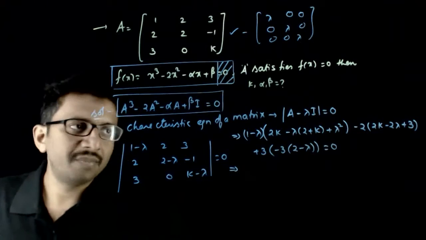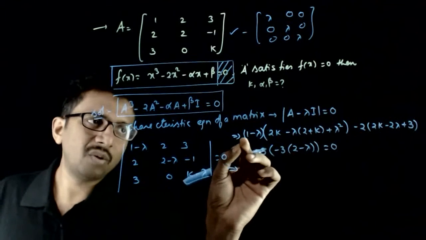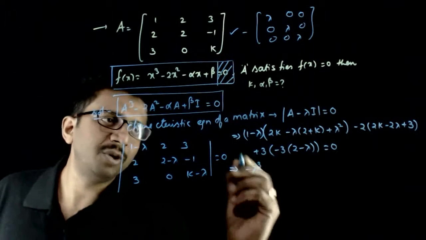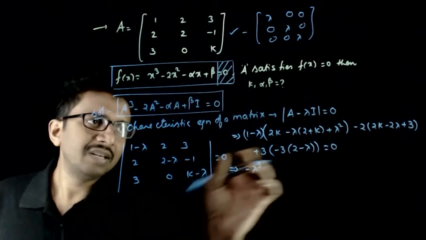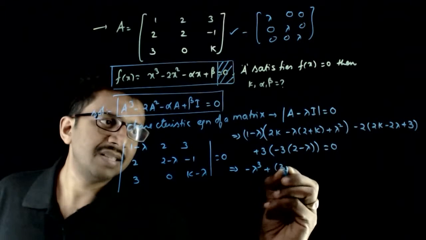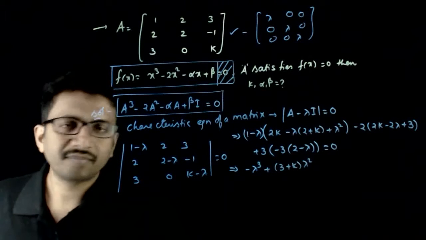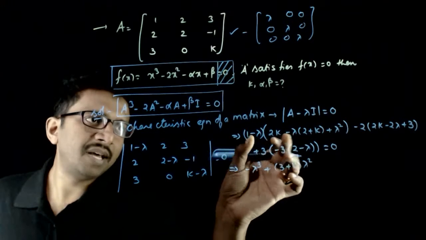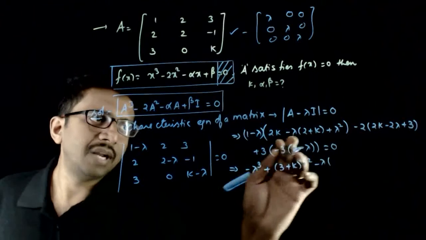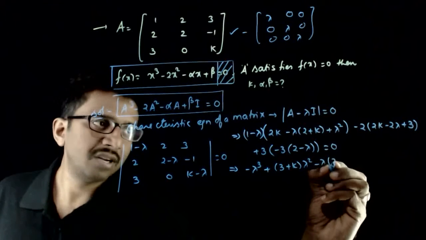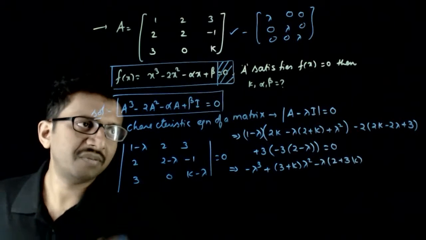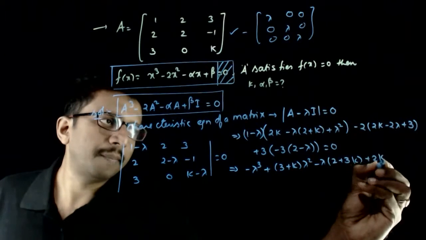So what is the cubic equation that you get? You get minus lambda cube plus lambda square times 2 plus k plus 3 plus k times lambda square, and minus 2k lambda minus lambda times 2 plus k. If you take minus lambda, you get 2 plus k plus 2k, that is 2 plus 3k, and plus 2k.